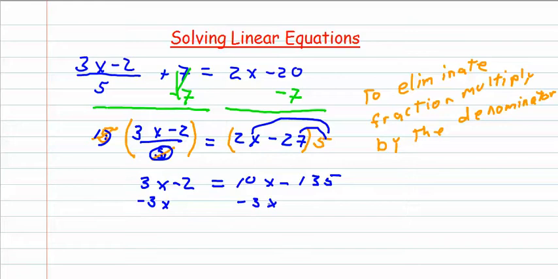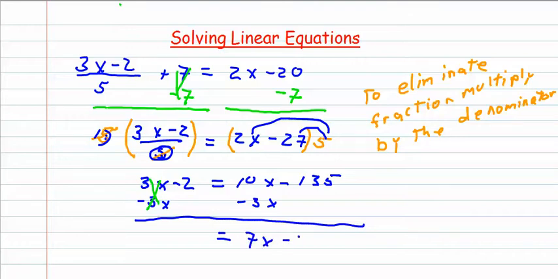The reason I'm doing it this way is 10x minus 3x is 7x. I end up with a positive number. Now, on this side, the x's cancel, and I end up with 7x minus 135 equals negative 2.